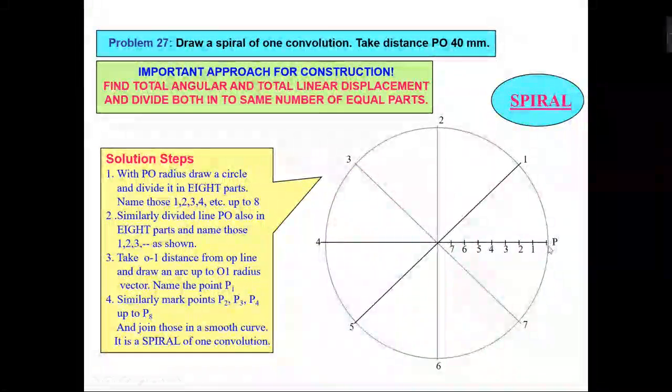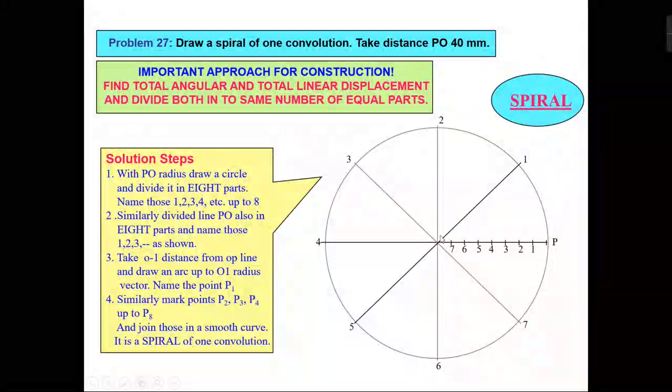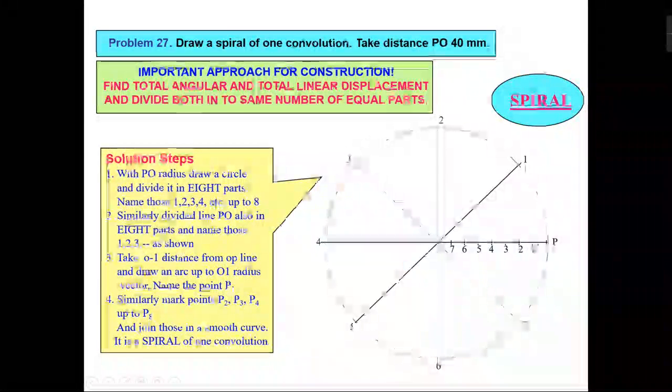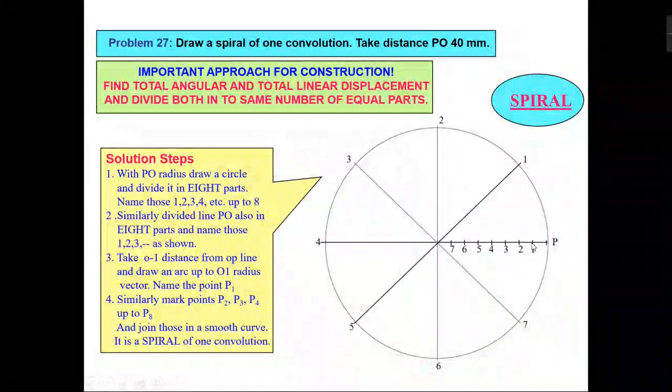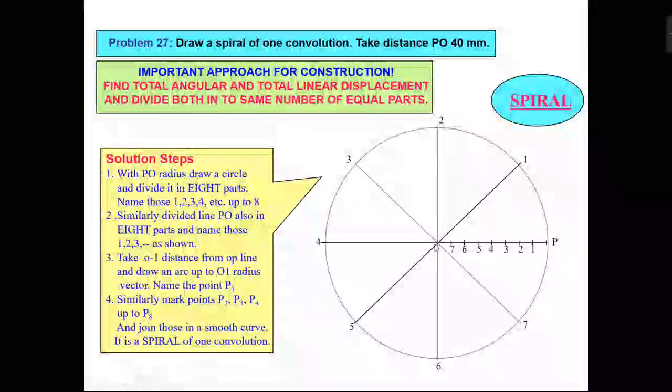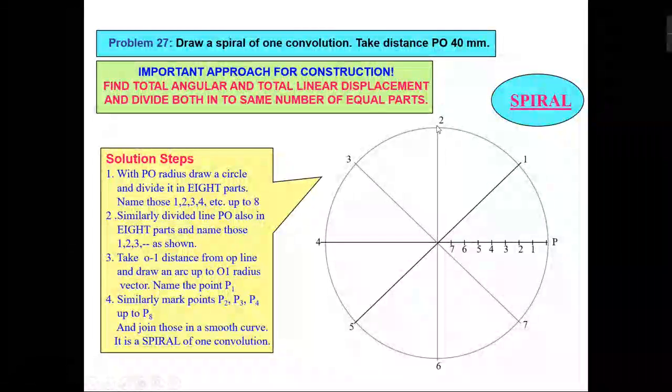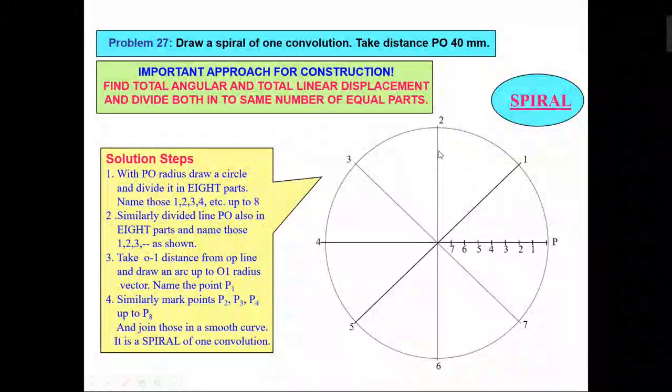So now your point is here and this is your point O. The line has moved to position 1, O1, then your point will move to this position. So I will take an arc of O1 and mark it on this line. In a similar way, when the line moves to position 2, I will take an arc length of O2 and mark it on this line.